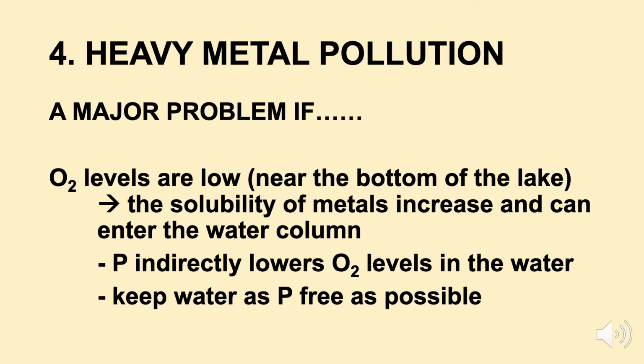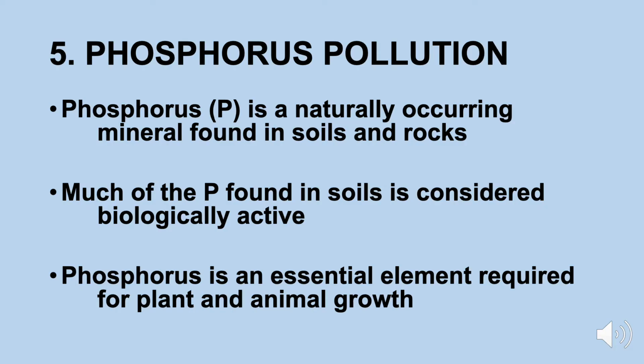So the more algae growth you get, the less oxygen you have left in the water, and the greater chance you have of the heavy metals becoming solubilized and entering the water column. So, in addition to heavy metals being a problem, the other leg of the problem is phosphorus pollution.